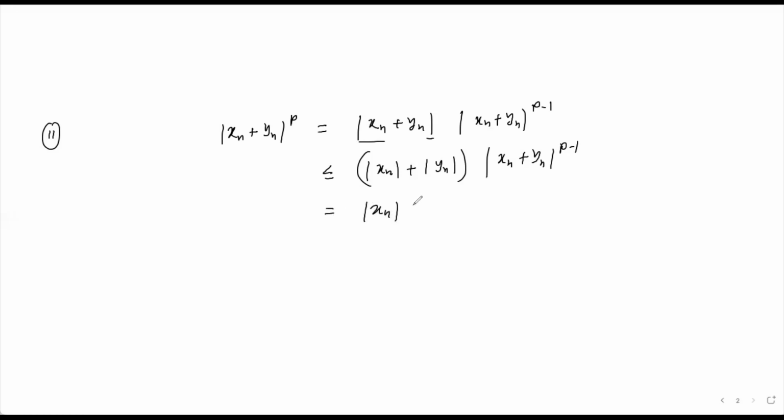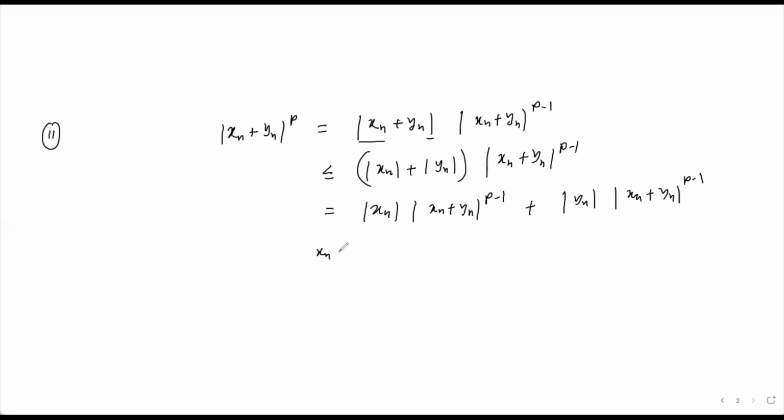And therefore what we have is |x_n| times |x_n + y_n|^(p-1) plus |y_n| times |x_n + y_n|^(p-1). Okay, now we use remark 2. So this sequence x_n plus y_n belongs to l^p. So now this sequence, |x_n + y_n|^(p-1), is in l^q.